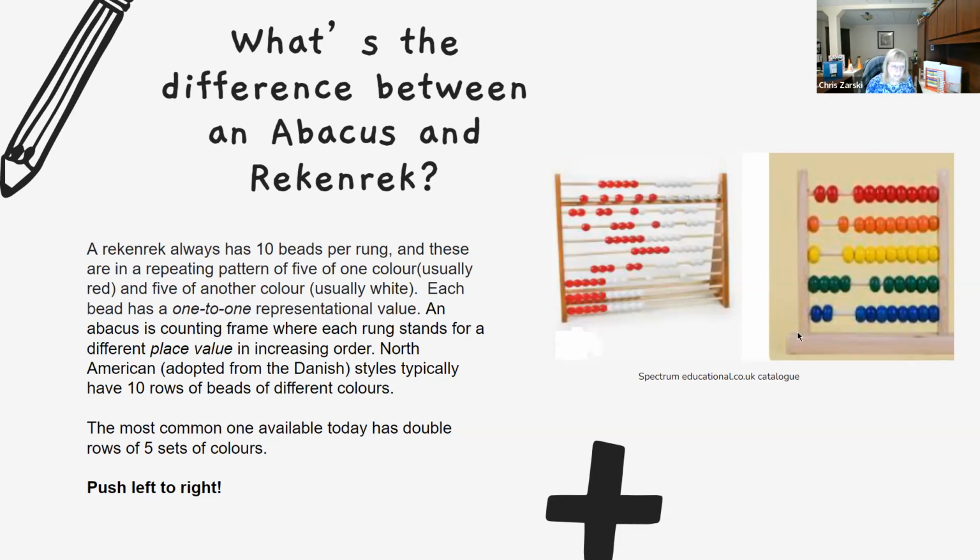The abacus, on the other hand, could have 10 rows, might have 5 rows like the one you're seeing here, or they might have double 5 rows like the one that's over my shoulder. These are more common to find, and these you could actually still find. You could find one like this in Toys R Us. I did find one in Toys R Us that had 8 different colored rows, not 10.